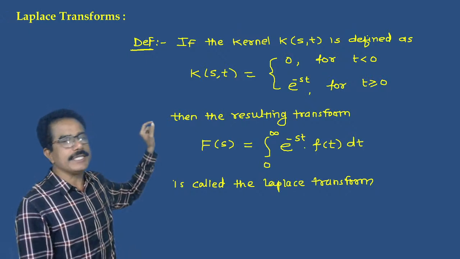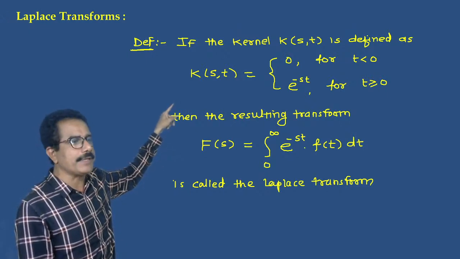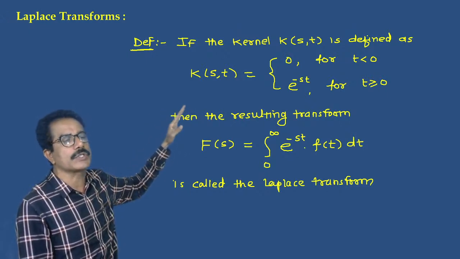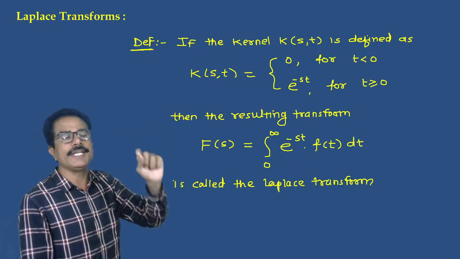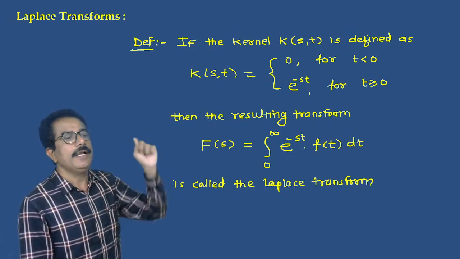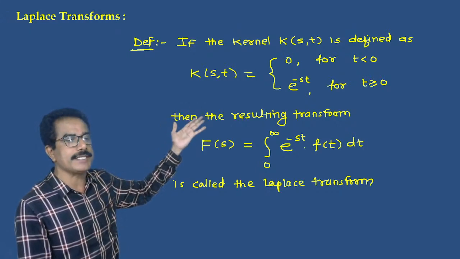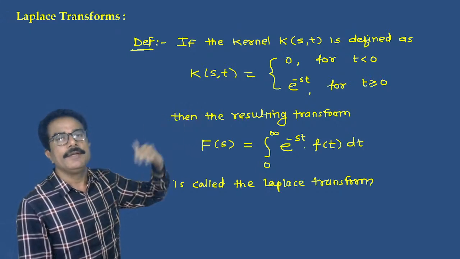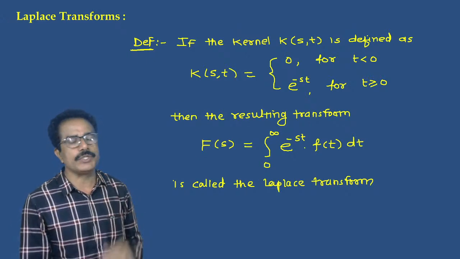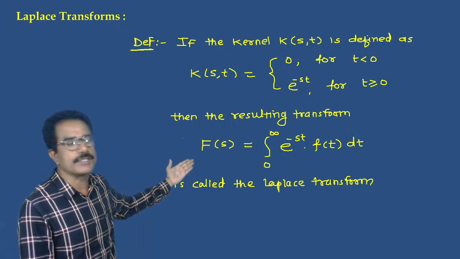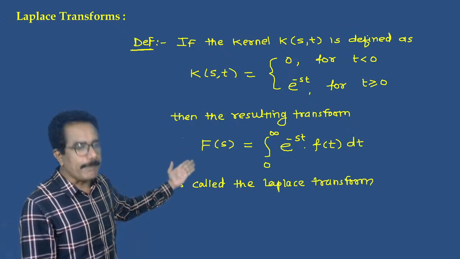So if we consider the kernel k of s comma t equal to 0 if t is less than 0, or k of s comma t equal to e raised to minus st if t is greater than or equal to 0, then the resulting transformation is called a Laplace transformation.